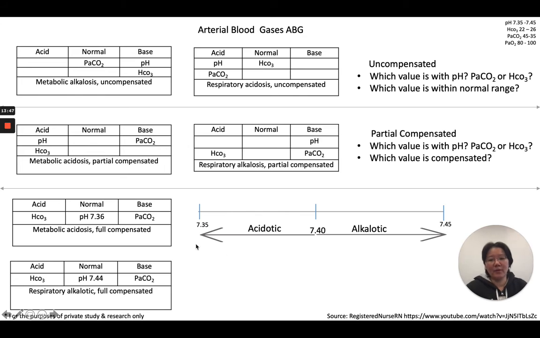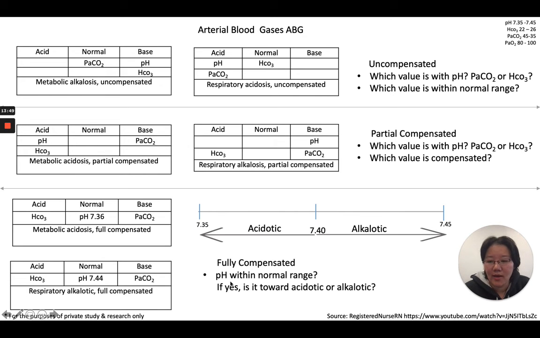For full compensation, if pH is in the normal range, then that's full compensation. You see how here in the normal section, for this one, normal is empty, and here normal will have either PaCO2 or HCO3. But if it's in the normal pH, that means full compensation.